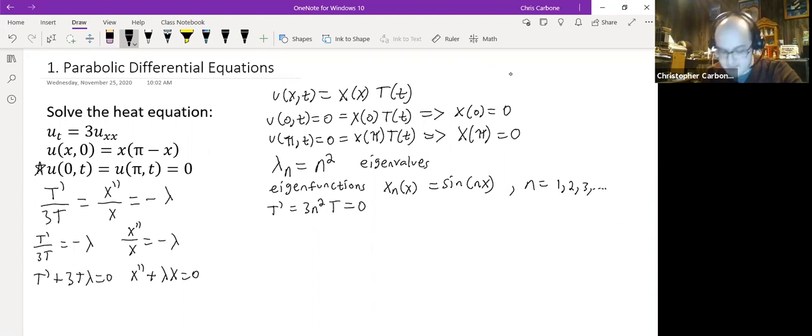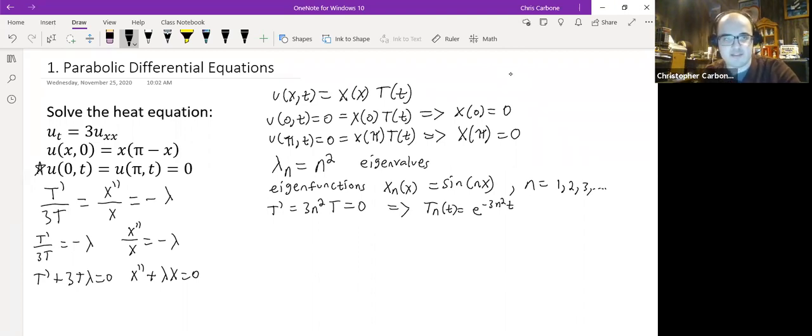And solving this would imply that t sub n of t is equal to e to the negative 3n squared t.